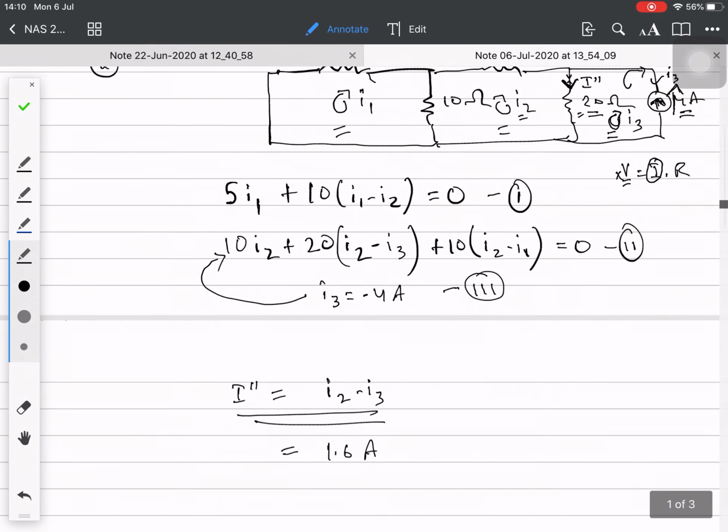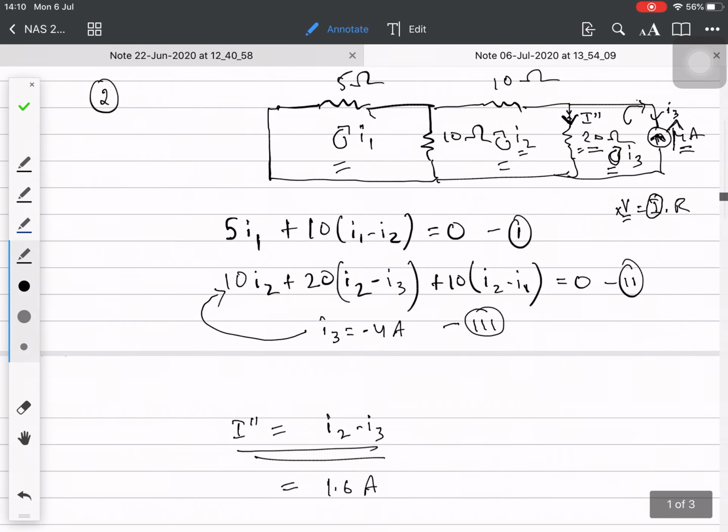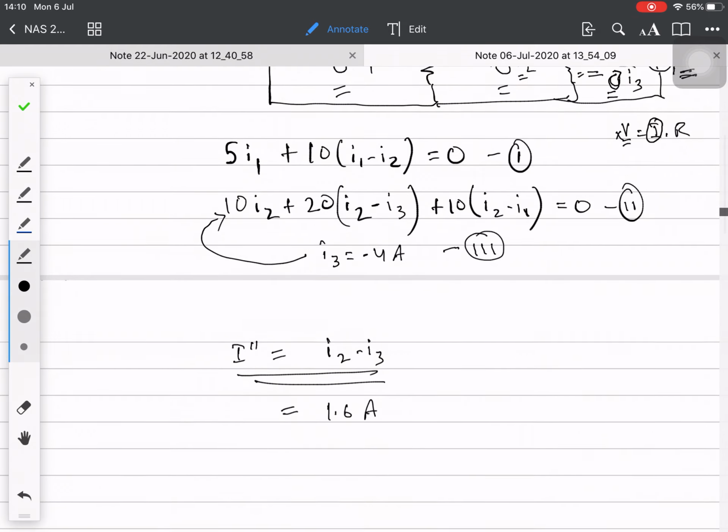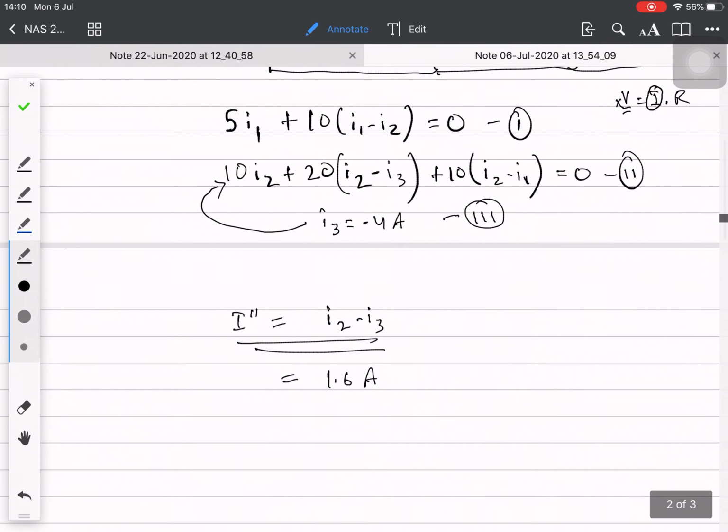So what do we get in step 2? Due to the 4 ampere current source, the response in 20 ohm resistance is equal to 1.6 ampere. Now what the superposition theorem says is that you have to add or sum the individual responses obtained due to the sources.